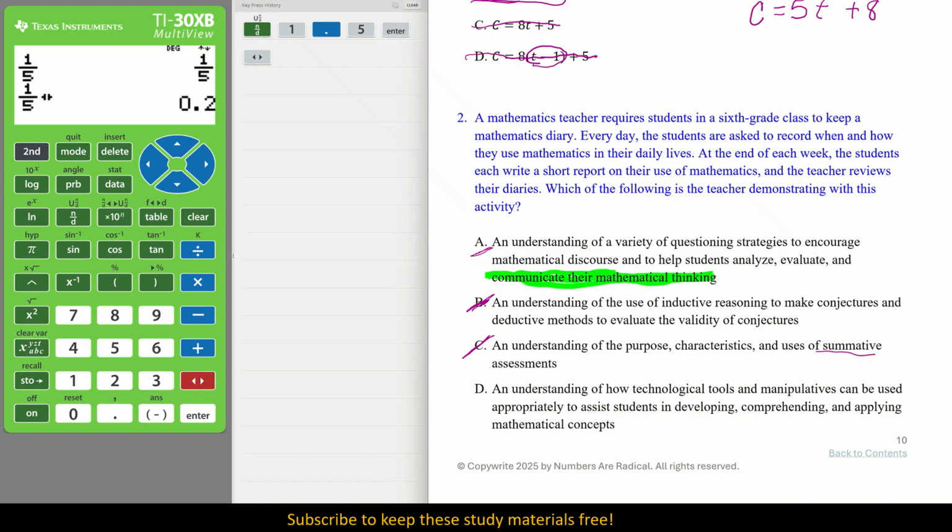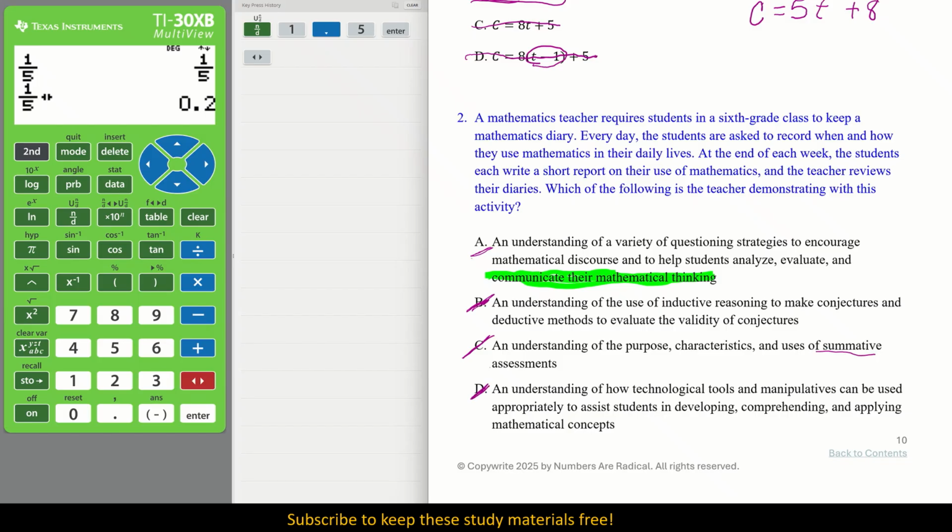They're just recalling, keeping a journal, and talking about it in the daily journal. Every student was asked how they used mathematics. They're just looking at their day, analyzing what they did, and coming up with where they used mathematics. And the teacher isn't using it as an assessment. So D isn't going to work for me either.